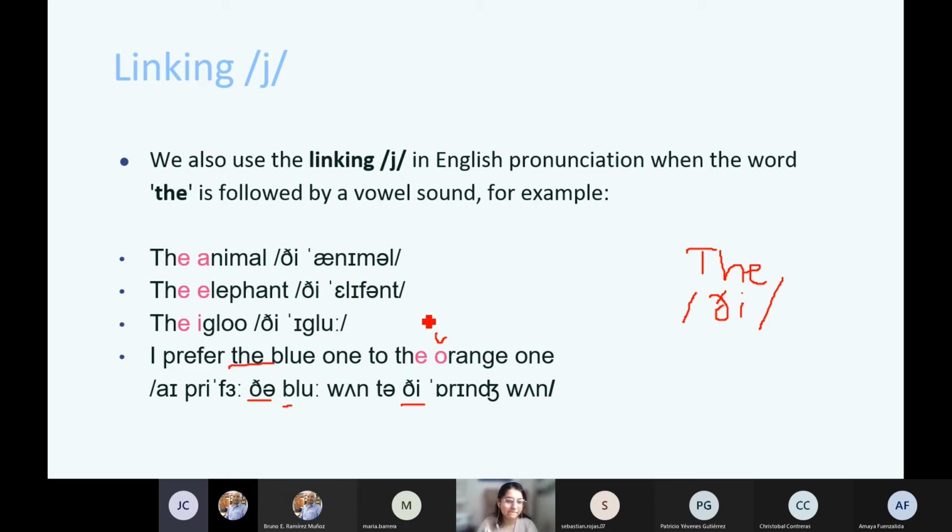In "igloo," I think it's very difficult to identify, hard to catch. It's very, very soft, like a "y." Thee igloo. So, as I already mentioned, now we're going to watch a video, and please let me know if you cannot listen to it.